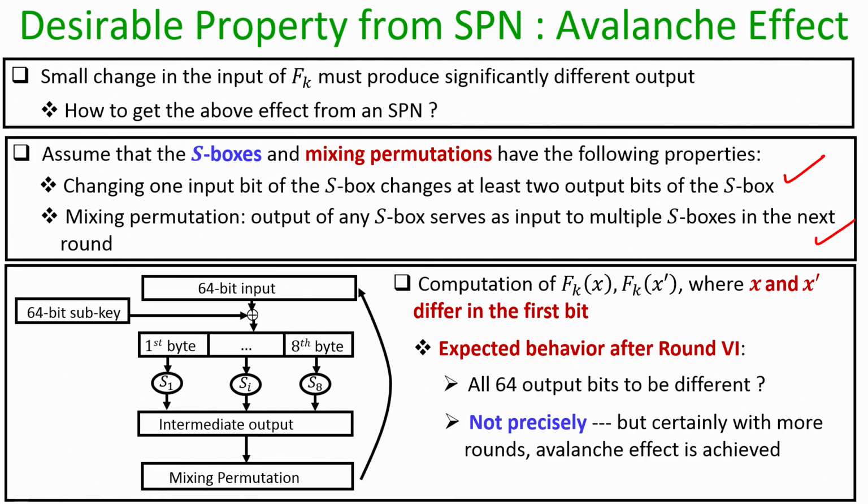So, that gives you an idea that the S boxes and the mixing permutations which we deploy in the SPN cannot be arbitrary. They need to have certain nice properties to ensure that the resultant key permutation we are constructing indeed behaves like a truly random permutation or a pseudo random permutation and satisfies the avalanche effect.